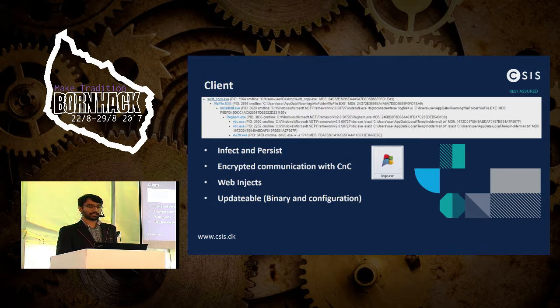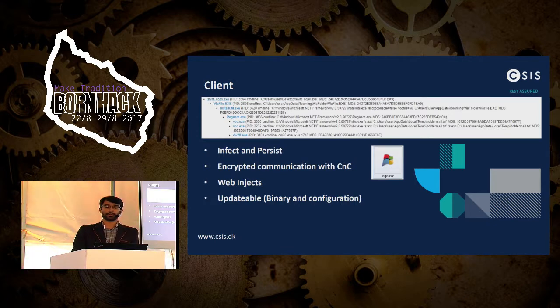So let's talk a little bit about the client. It's usually a Windows executable. When somebody runs it, it generates further processes and so on. But for the sake of this talk, I'll make it very simple and say that there's one executable. You run it and it just executes. It should have certain properties for it to be a banking malware.